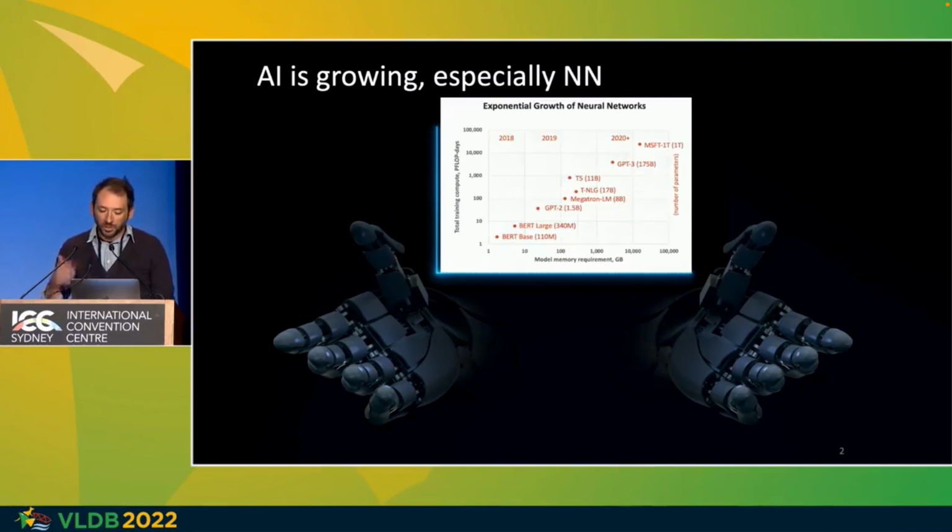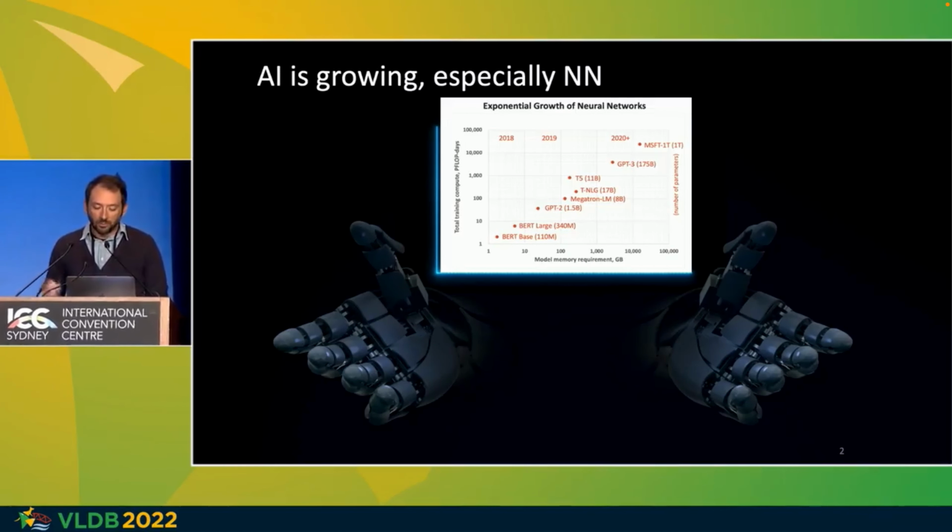And of course, all this research output is translated into new neural network architectures. And as you can see here, every new generation of neural network architecture requires new resources, both from the computation point of view and the memory point of view. And the amount of resources that are needed is growing exponentially.